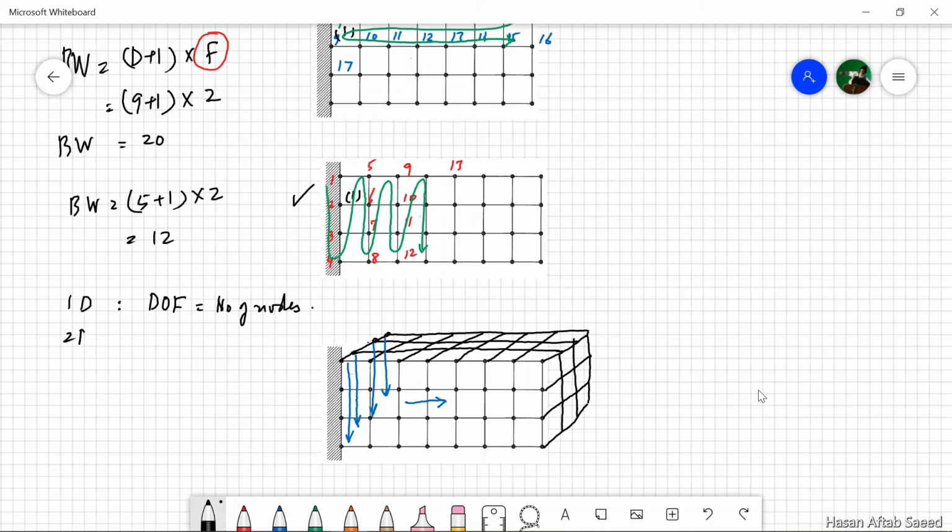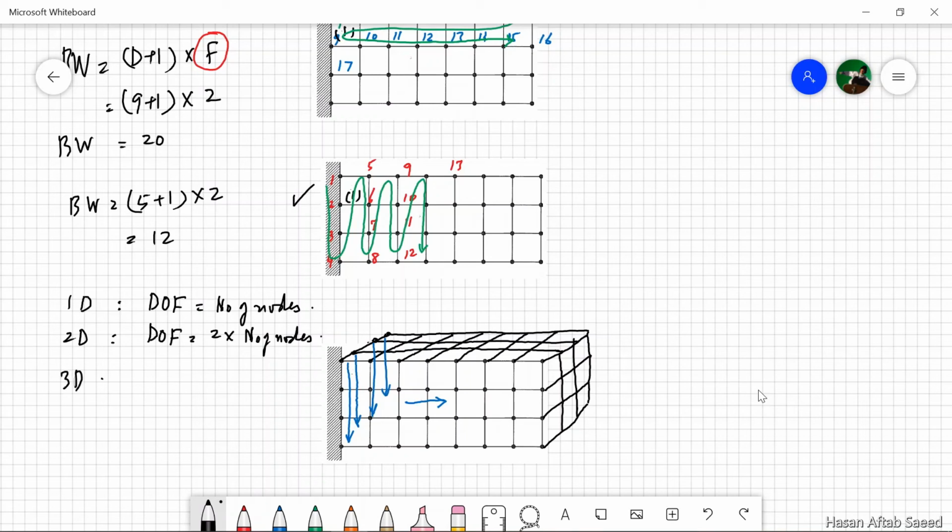But for 2D problems, the degrees of freedom of the whole problem is 2 into the number of nodes, because each node has 2 degrees of freedom, x and y direction, u and v. So the total degrees of freedom of the system will be twice the number of nodes, and hence for 2D problems you use 2 here.